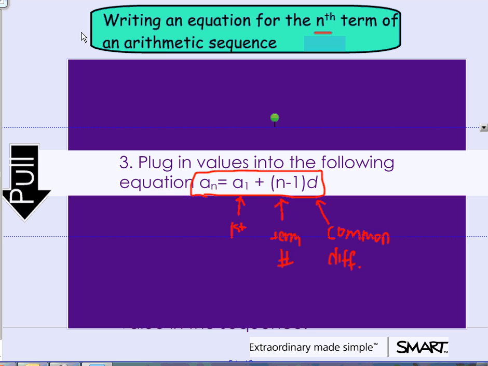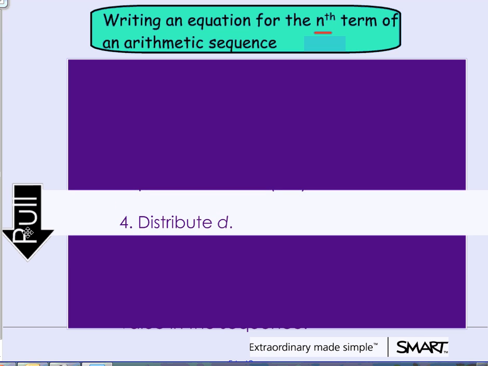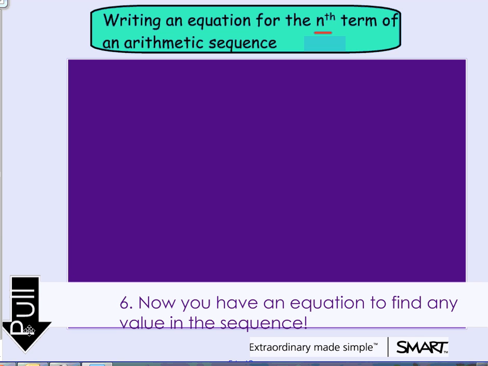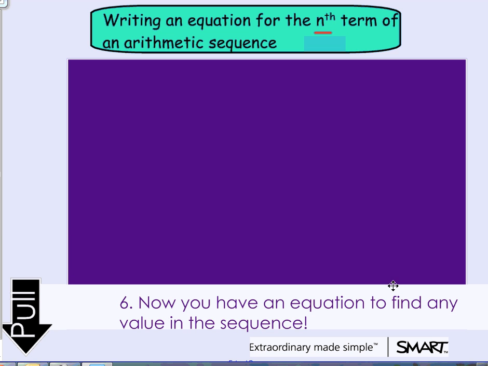All right, to continue with our steps here, we then have distribute the d, simplify by adding like terms, and now you have an equation to find any value in the sequence, okay?